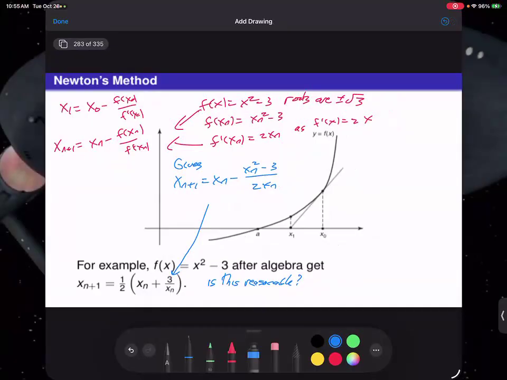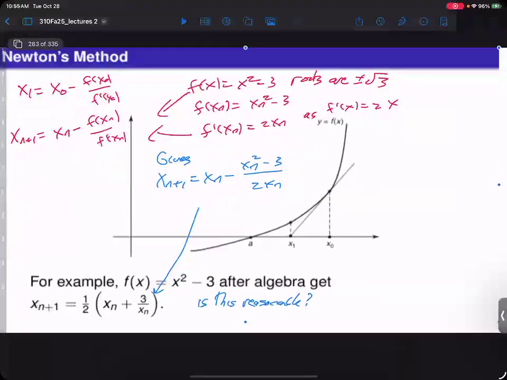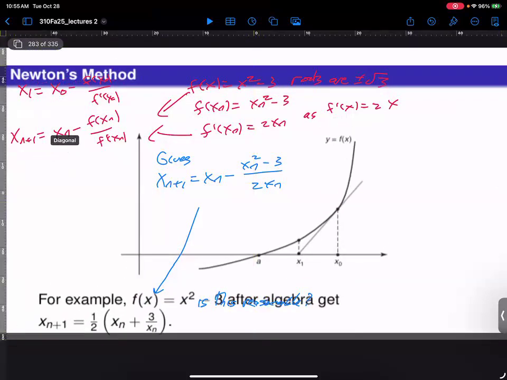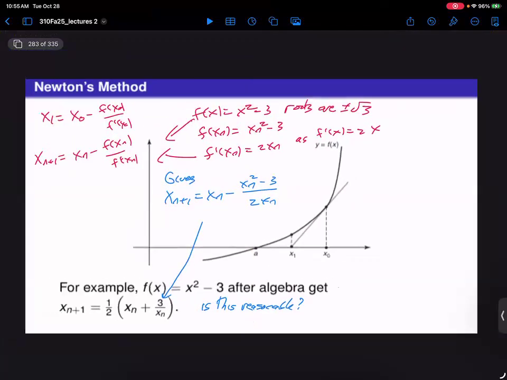One. What do you think? Any thoughts? 1. Why 1? I think it makes the algebra easier, but no, that wouldn't make that much of a difference.